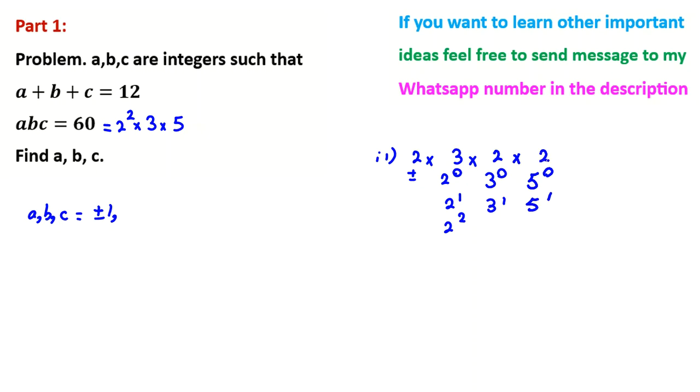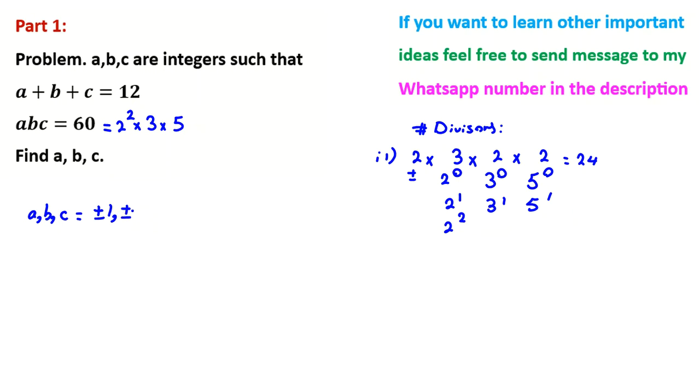So it will be 2 times 3, 6, times 2, 12, times 2, 24. So it has 24 divisors. You can generalize it: 2 times the product of each power plus 1, multiplied together. So we should write 24 divisors.